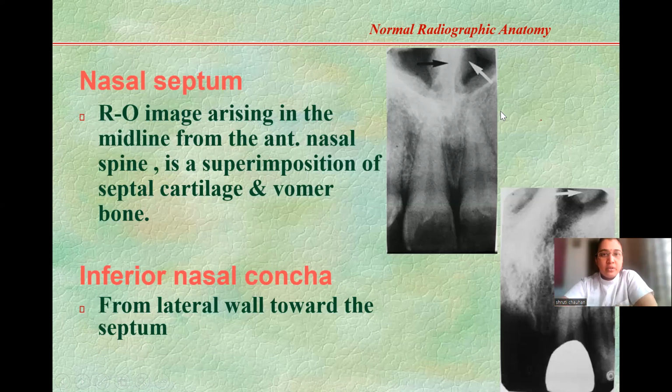Incisive foramen or the nasopalatine or anterior palatine foramen. It is a radiolucent image between the roots of the central incisors. The oral terminus of the nasopalatine canal transmits the nasopalatine vessels and the nerves approximately at the junction of the median palatine and the incisive sutures.